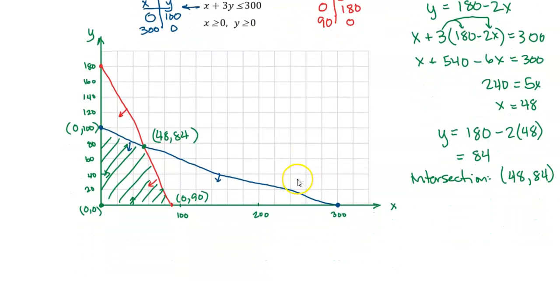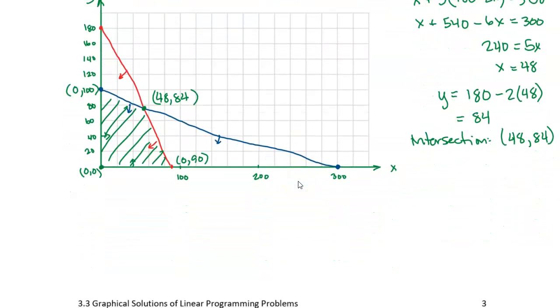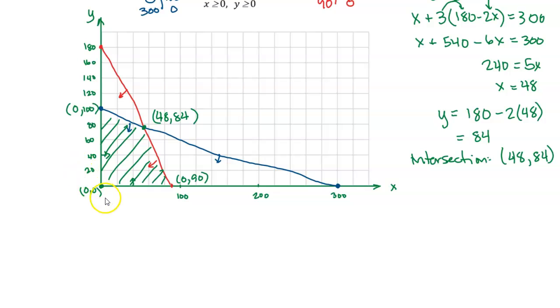Now we just need to evaluate the corners. I'm going to take my profit function and plug the values for these corners in. I'm going to start with 0, 0. I put 0 into my profit function and I just get 0, so that's definitely not going to maximize my profit.